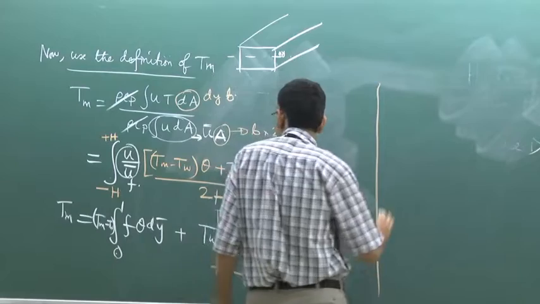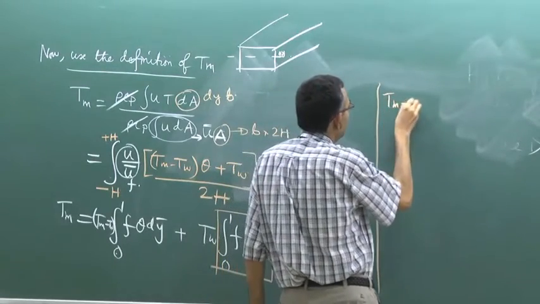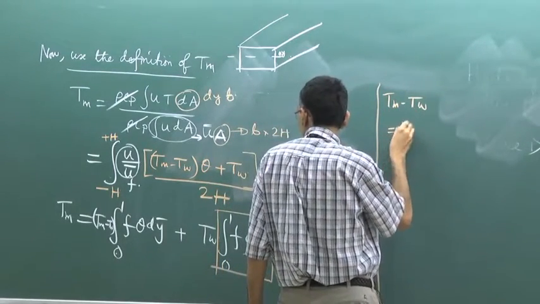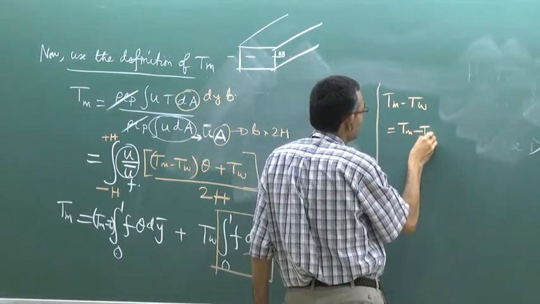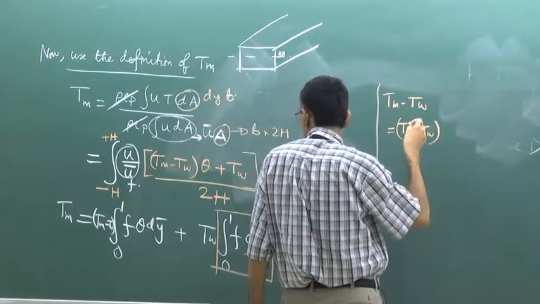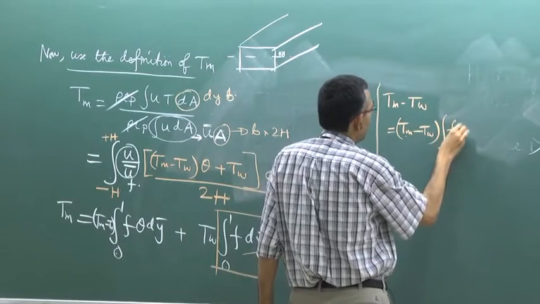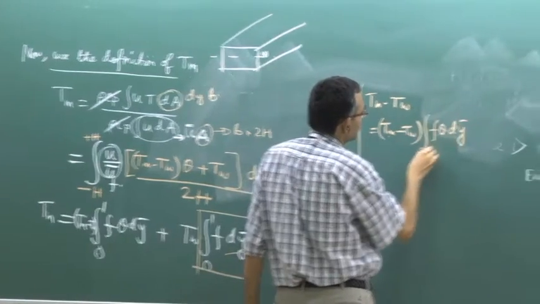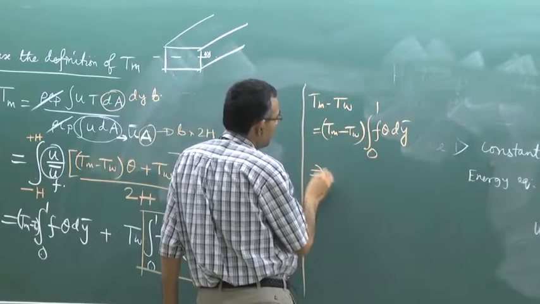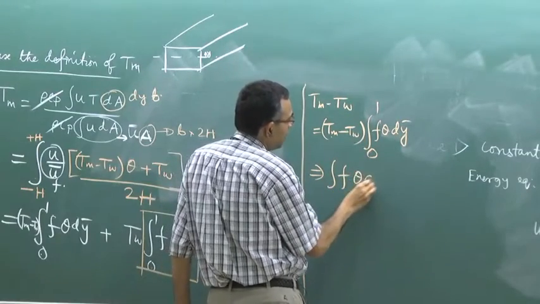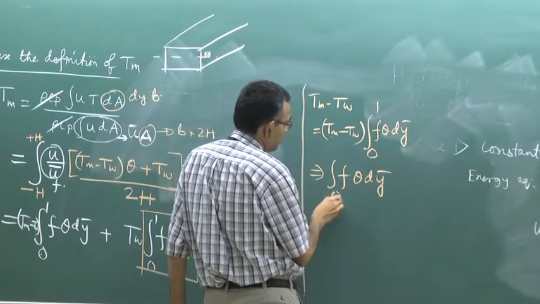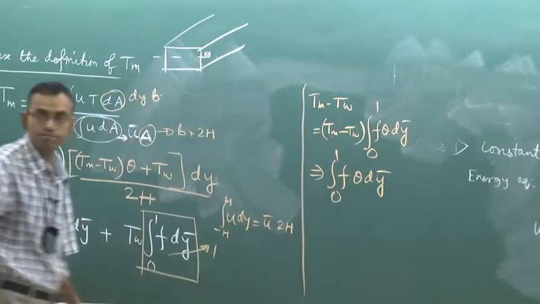So we can say that Tm minus Twall is equal to Tm minus Twall into integral of f theta dy. That means integral of f theta dy equals 1.